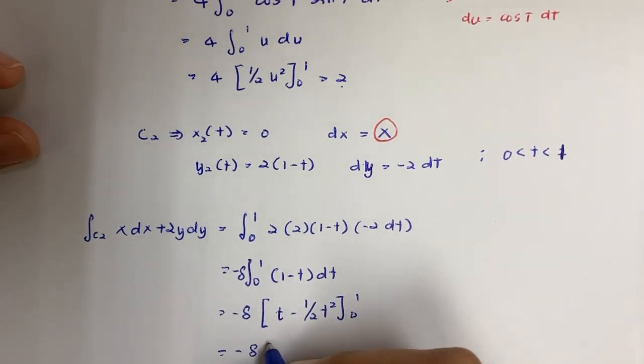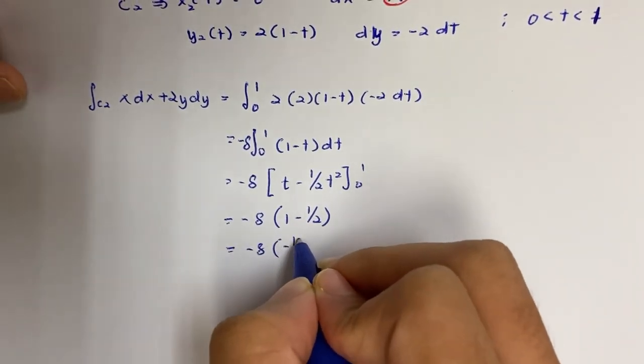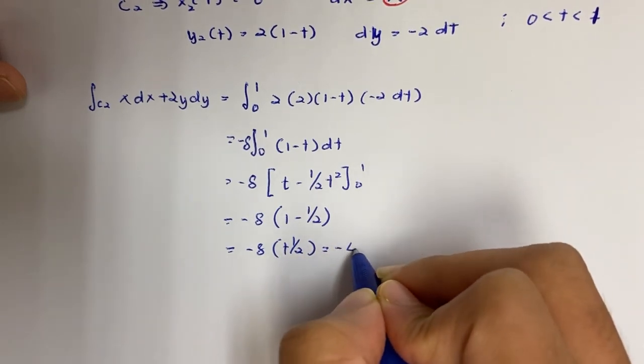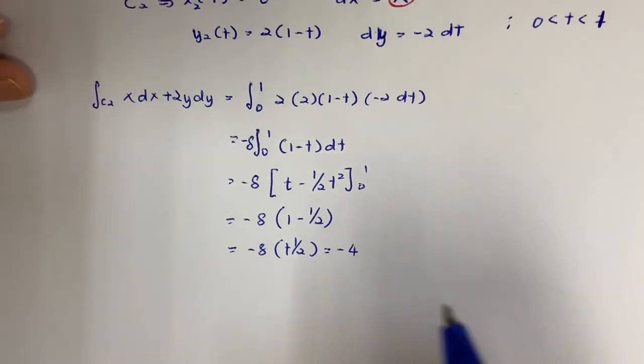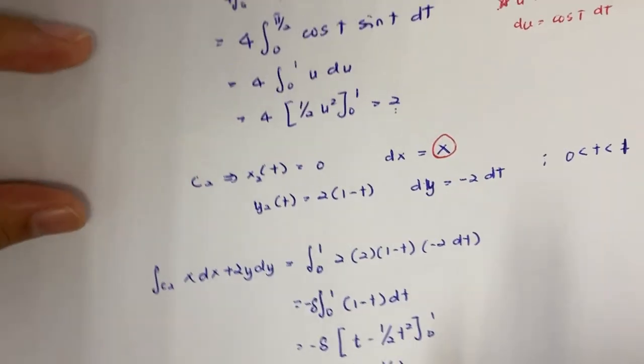So this is negative 8 times, 1 minus 1 over 2 is 1 over 2, so negative 8 multiplied by positive 1 over 2 is negative 4. So my C1 is equal to 2, and my C2 is equal to negative 4.